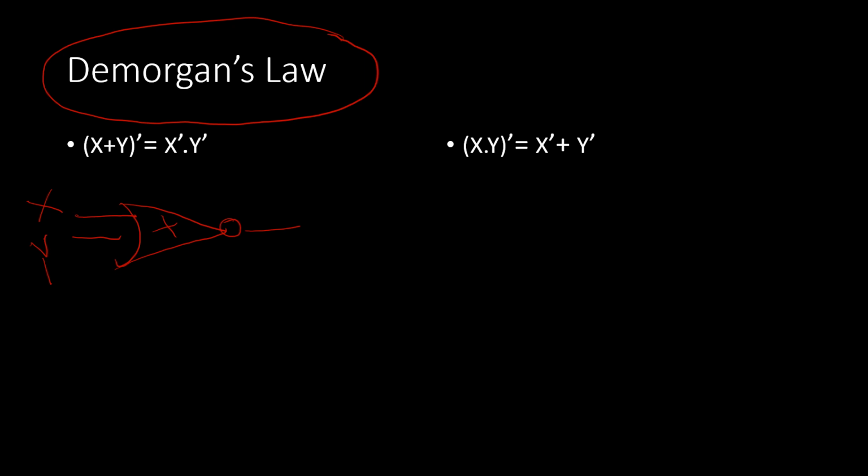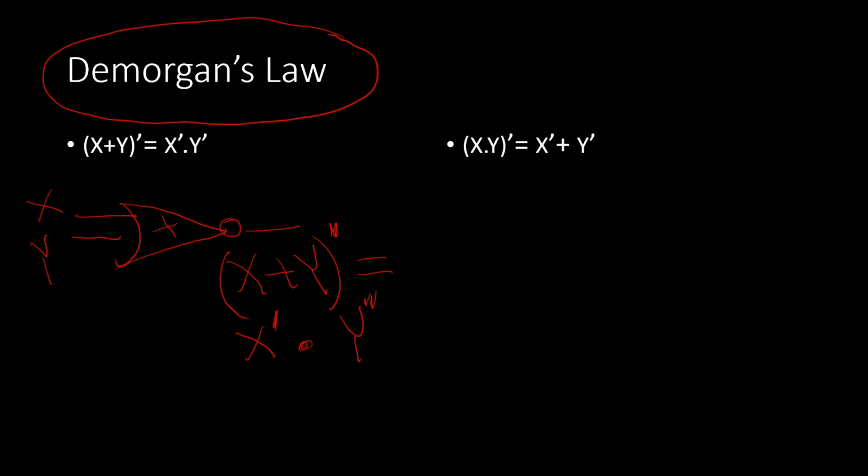So what I will have here at the output is X or Y inverted. You can use this bar, or you can use just prime as in your textbook. So X or Y inverted, it is equal to what? According to De Morgan, this is equal to X inverted and Y inverted.